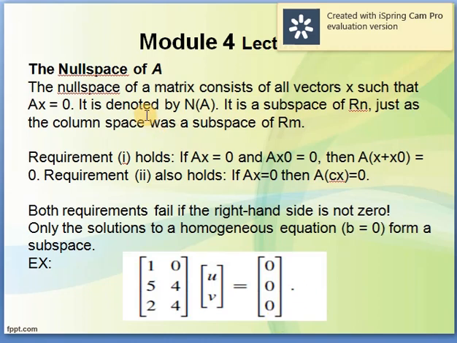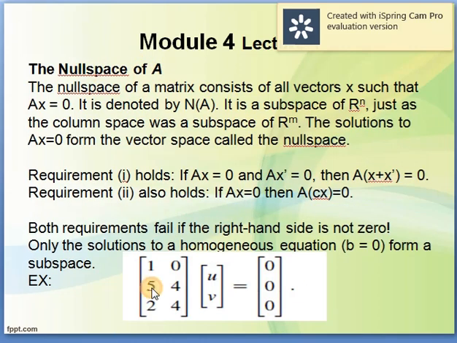Then the next point is the null space of A. The null space of a matrix consists of all vectors x such that Ax is equal to 0.